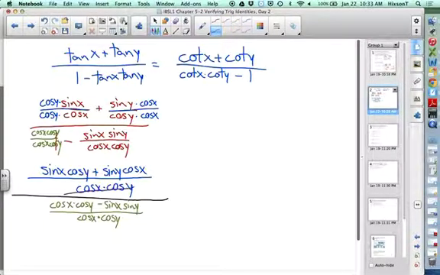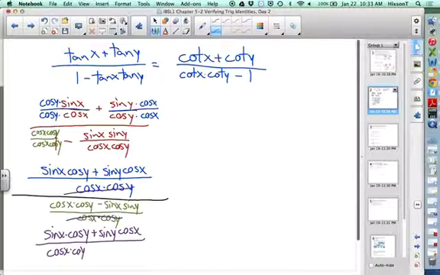So that cancels out that, and you'll notice sine x times cosine y plus sine y cosine x is over cosine x cosine y minus sine x sine y.